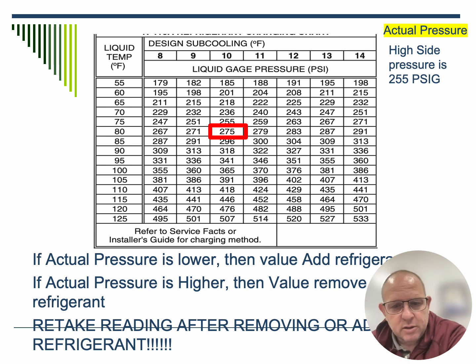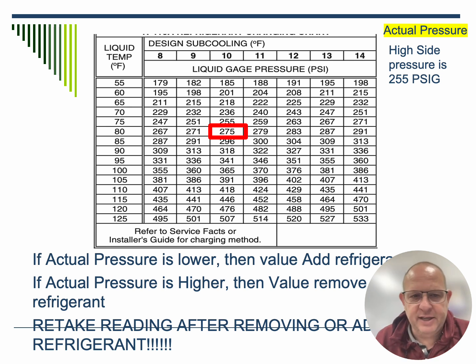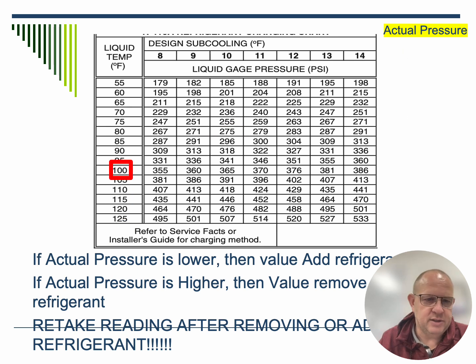So what should you do at this point? We're going to have to add refrigerant to bring that pressure on the high side up closer to 275 to get the required subcooling off of that unit itself.